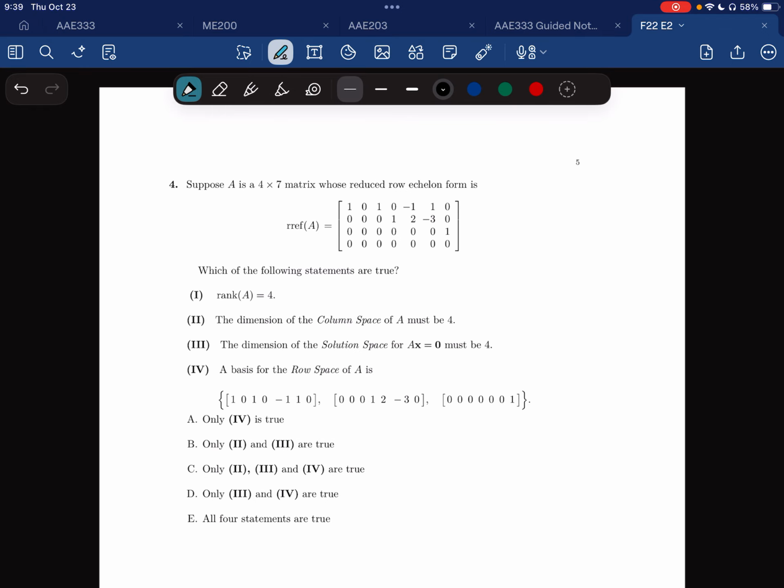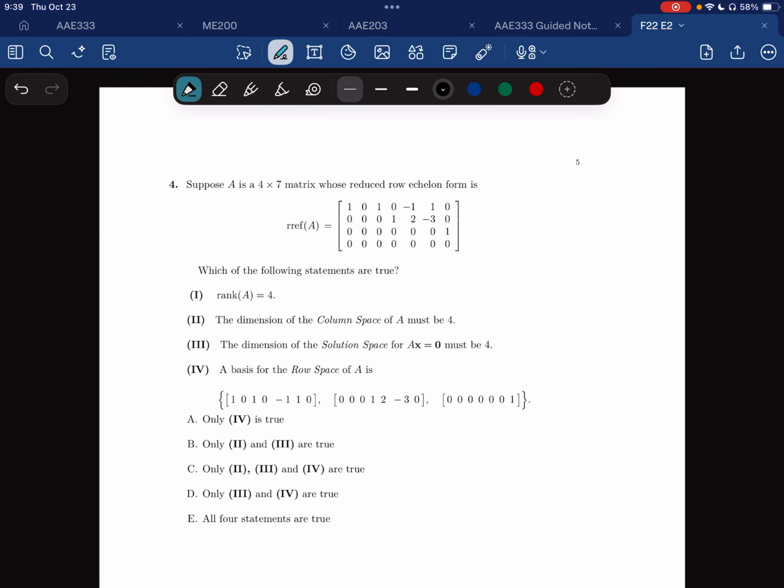We have another one here, unfortunately, but this one is much easier than the last one because it's again just asking about rank and column space. So let's see. Rank of A is 4.